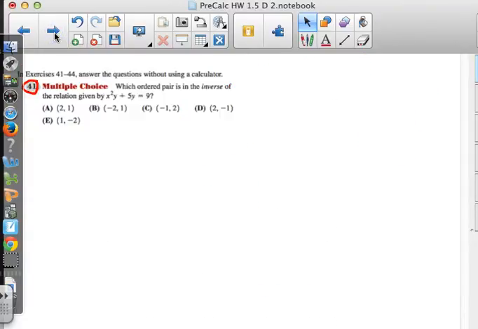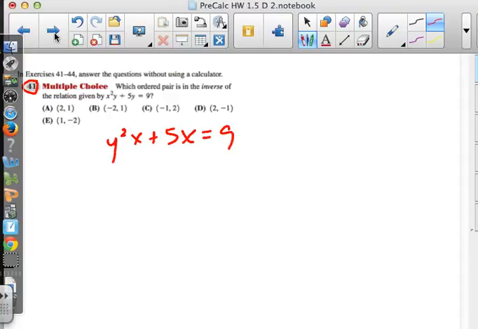Number 41. Which ordered pair is in the inverse of the relation x squared y plus 5y equals 9? So let's switch the x and the y, and let's solve for y.